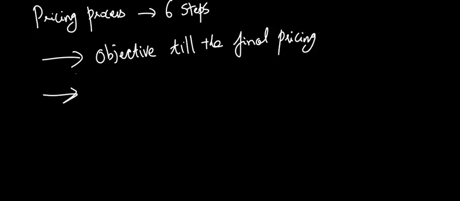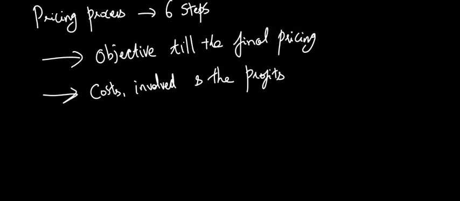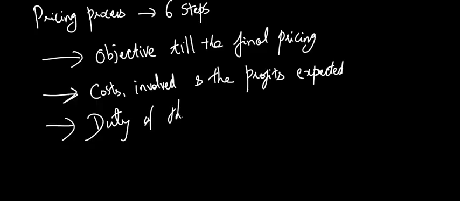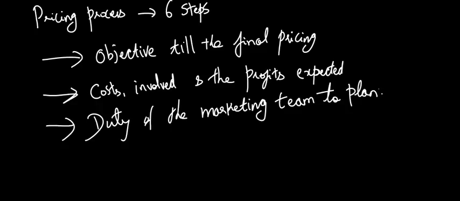This process considers all the costs involved and the profits which is expected. And while doing the pricing, it's the duty of the marketing team to bring out an efficient plan. Because without a plan, a normal pricing strategy is not possible.